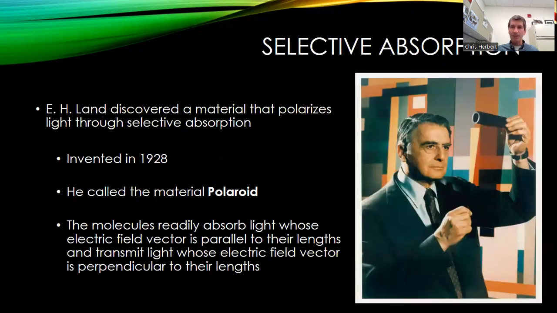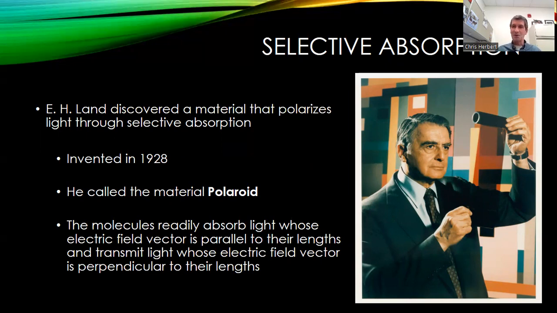So how do we get something like this? Well, we have E.H. Land to thank for this. And probably before your time, I'm a little bit older than most of my students. E.H. Land was really the founder of not only the polarizing filter, what we call the Polaroid, he also developed the Polaroid camera.